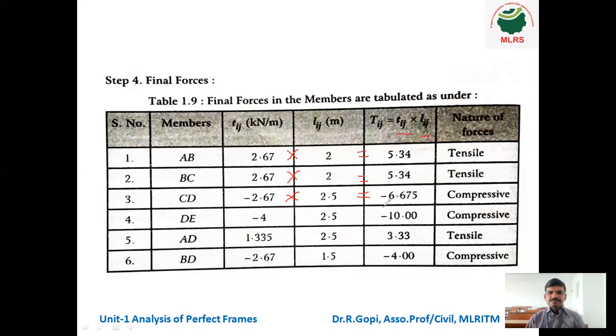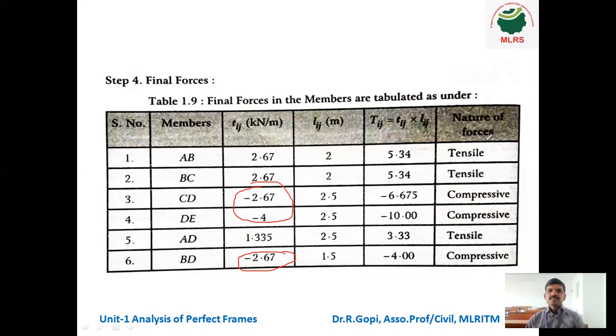Okay. Here you can see members CD, DE and BD, we got minus because the tension coefficient is also minus. We know that if the answer is minus, the nature of force is compression, compressive force.